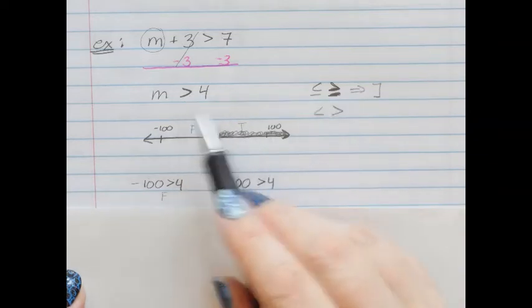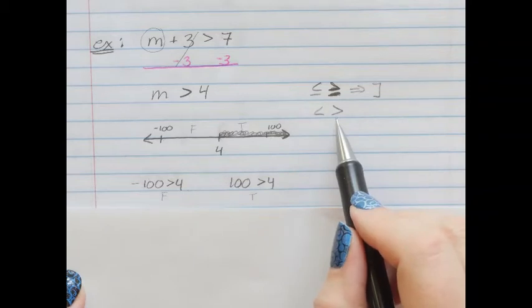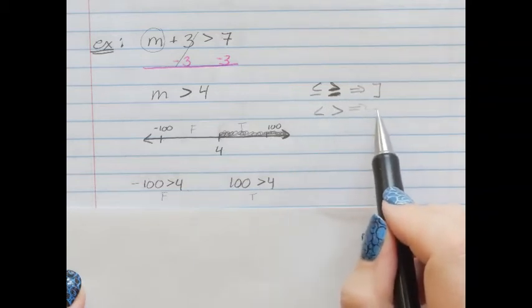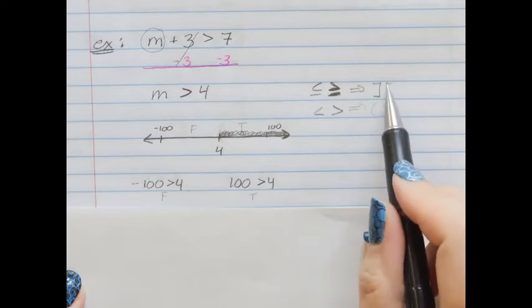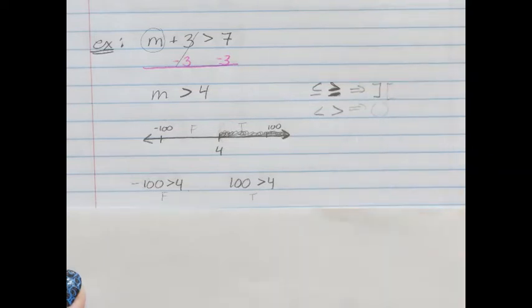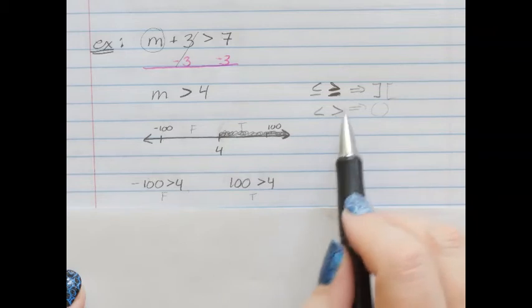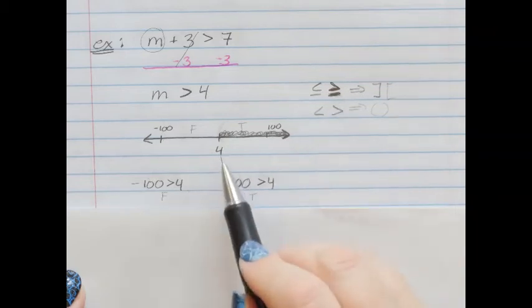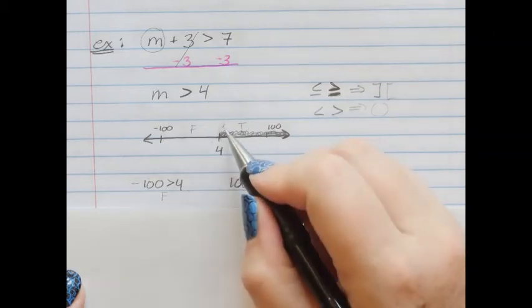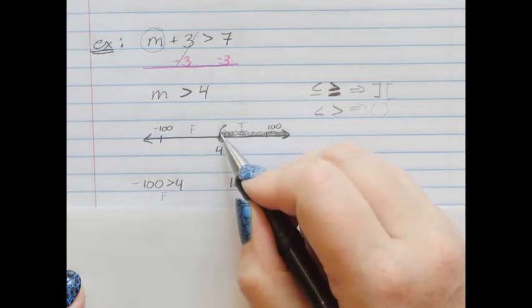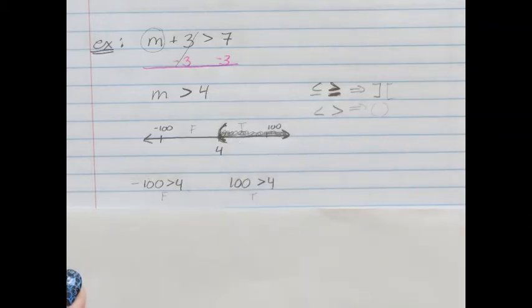We were given a greater than symbol. If we have greater than or less than, that means that we have to use parentheses of some type. So that means no equal sign can be formed on my graph. I have to use parentheses. And again, the parentheses must touch the tick that you found right there. We are not using open circles at all.